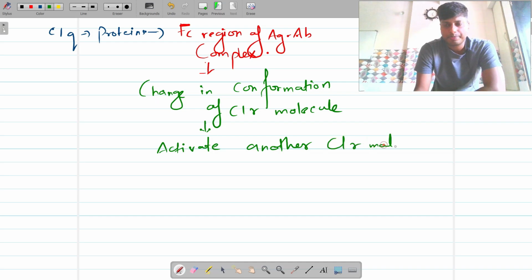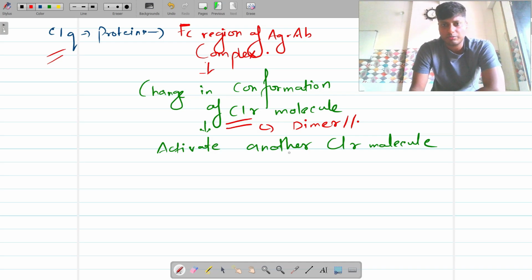So remember that this particular C1R molecule is in the dimer form. It is a dimer, and there are two C1R molecules which are associated with each other. As soon as the C1q protein binds to the C1R molecule, it will activate the other C1R molecule.